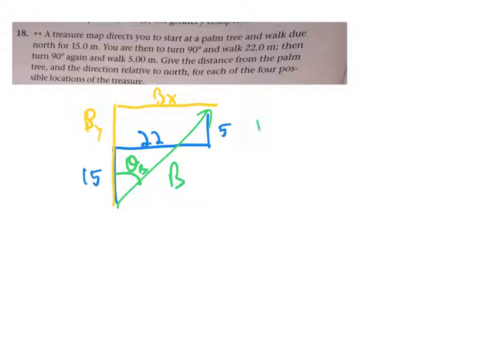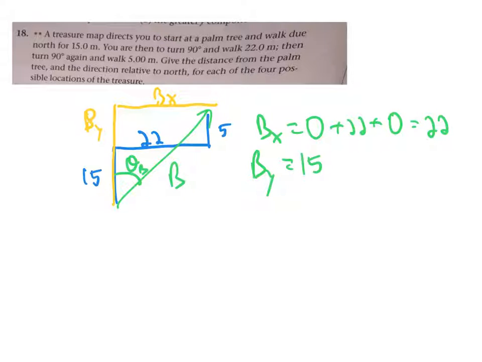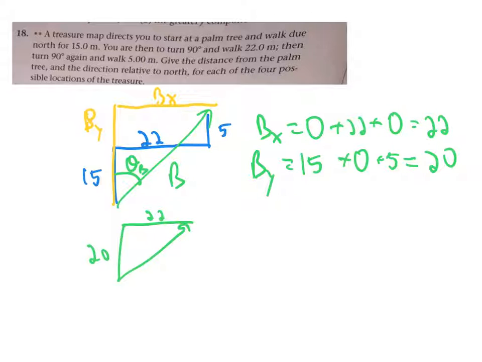And we can see that B_X is 0 for the first leg, plus 22 for the second leg, plus 0 for the third leg, or still just 22. And B_Y is going to be 15 for the first leg, and then nothing for the second leg, but then 5 more north for the third leg, and therefore a total of 20. So we have a triangle whose sides are 20 and 22, and we want to get the length and the angle of that.